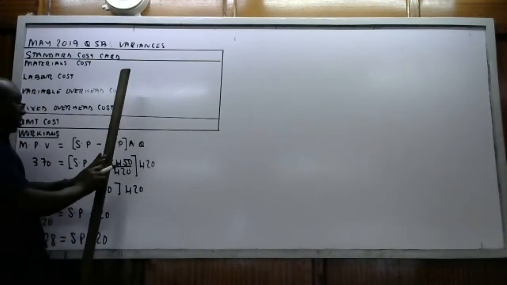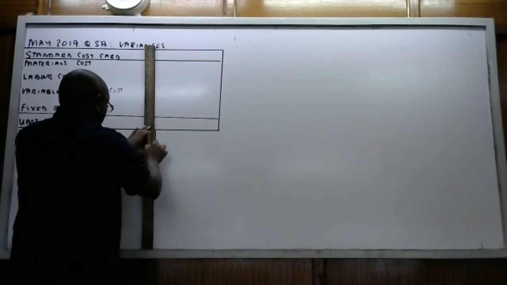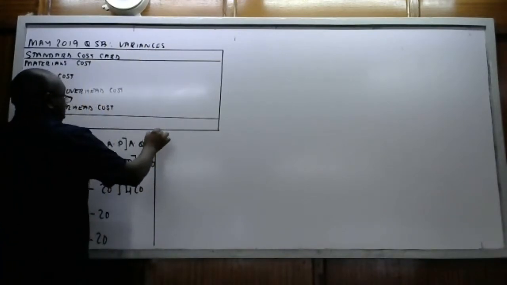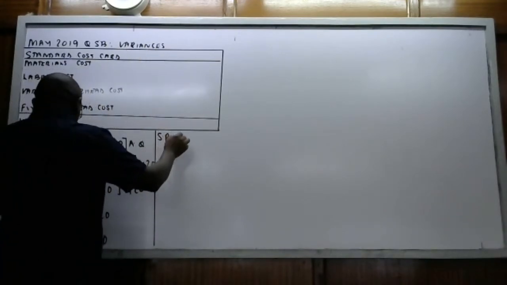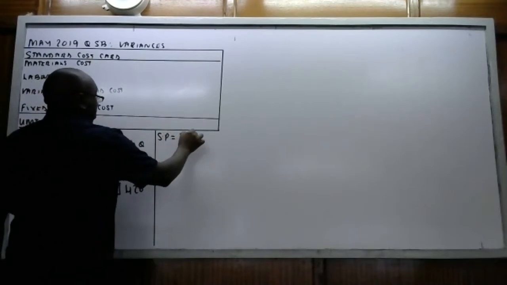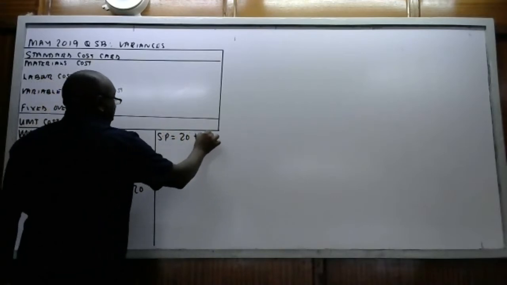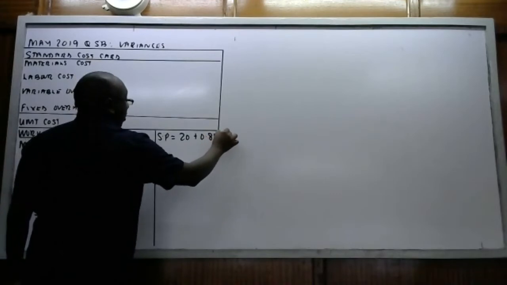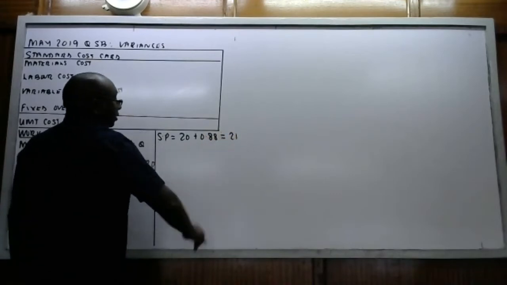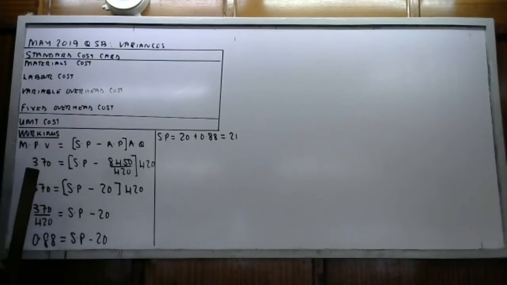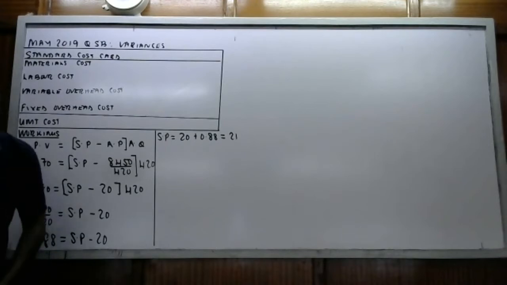So SP should be 20 plus 0.88, and we can call it 21. Just call it 21. So that is the standard price.